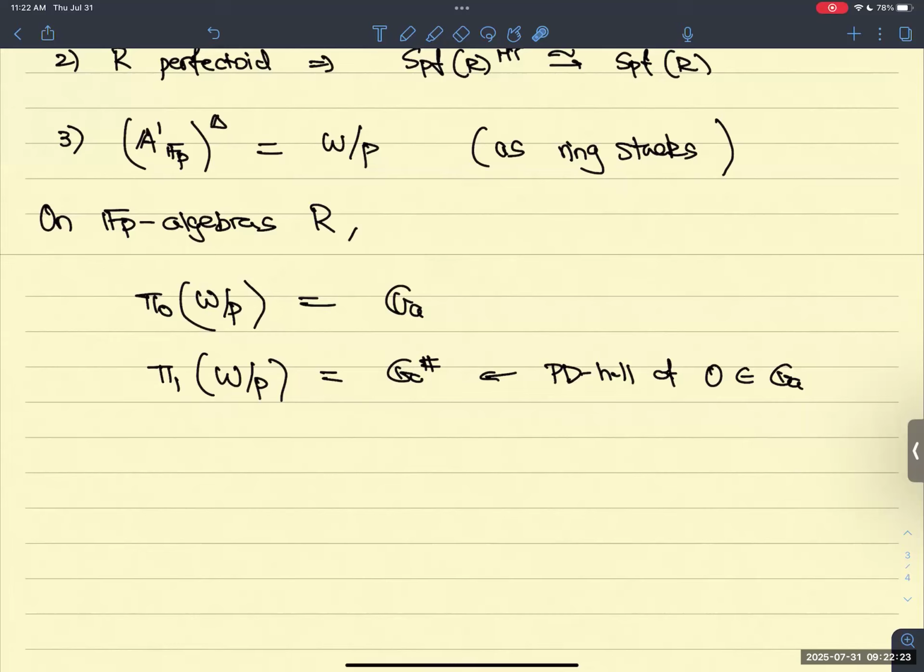If you know a little bit about how derived rings work, you know that any one truncated derived ring is a square 0 extension of its pi 0 by its pi 1. And so this stack, W mod P, is a square 0 extension of GA by GA sharp, but placed in homological degree 1. And this is going to be extremely useful in a few minutes.